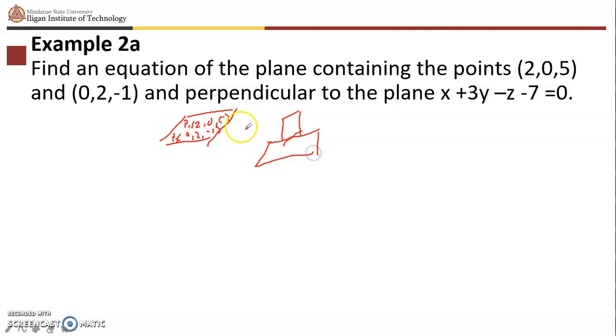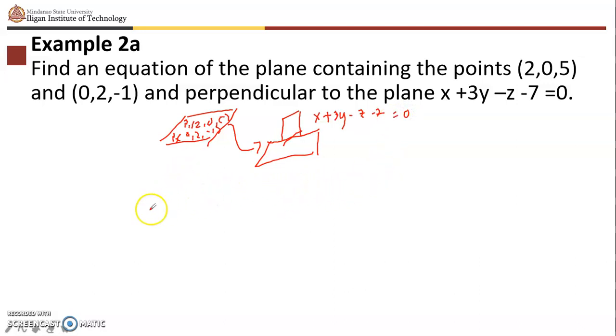This plane is the plane that should be perpendicular to the plane with equation x + 3y - z - 7 = 0. What does it mean?